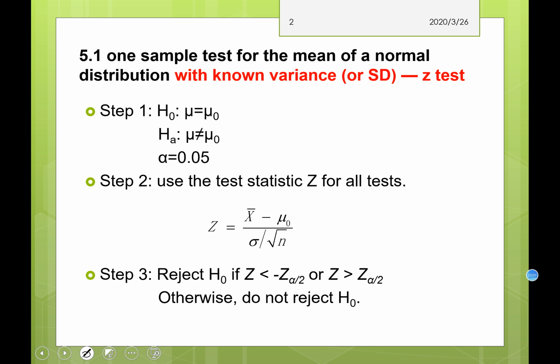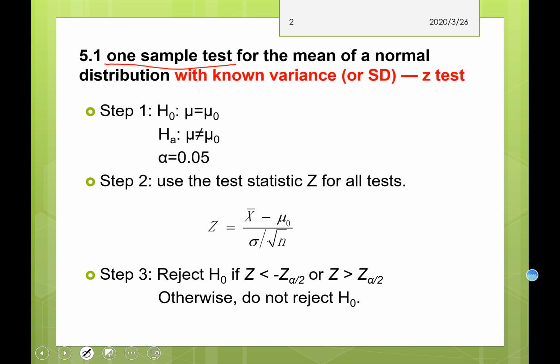So the first part is one sample test for the mean of a normal distribution with known variance. Here, this title is very special, because we can find that the method is one sample test. We have mentioned the meaning of one sample. In chapter 5, we are talking about a special method which is used for one sample test.